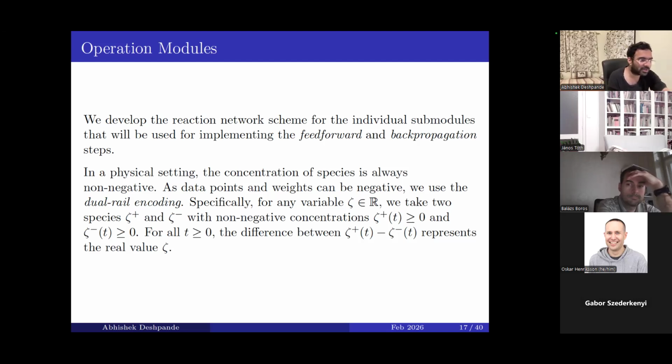And then remember that 2 minus 5 is actually giving me something negative, right? So this needs to be taken care of in everything that I do in the next half of my talk, right? Every module, every reaction that I will now discuss will always be considered with the dual rail encoding, right? So it is important to mention this at the beginning.